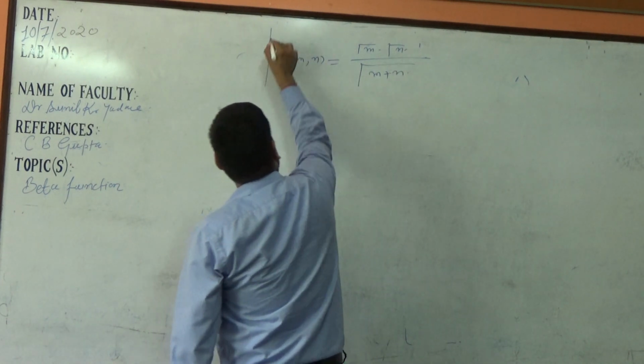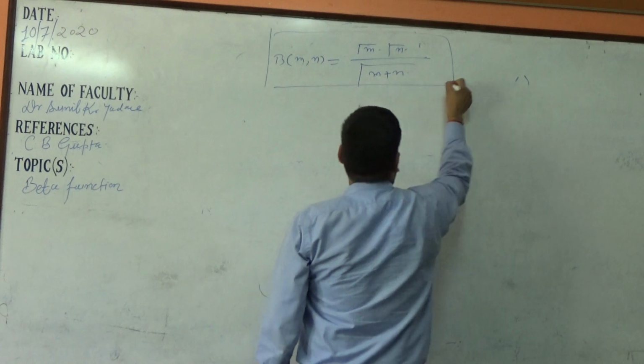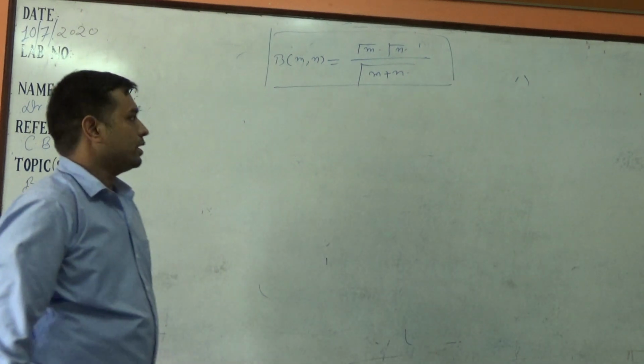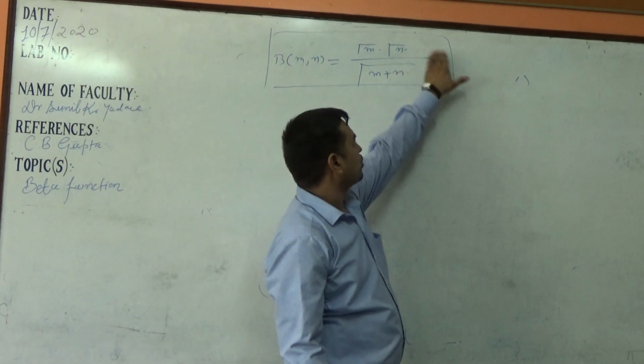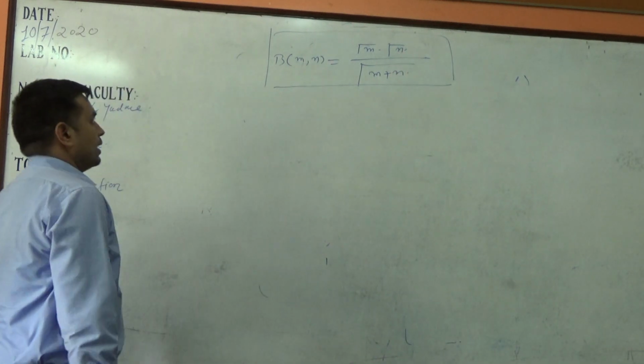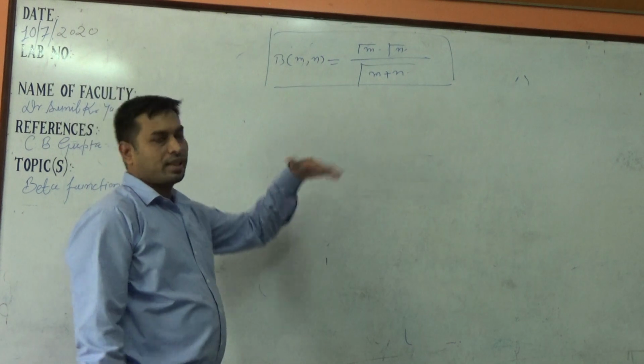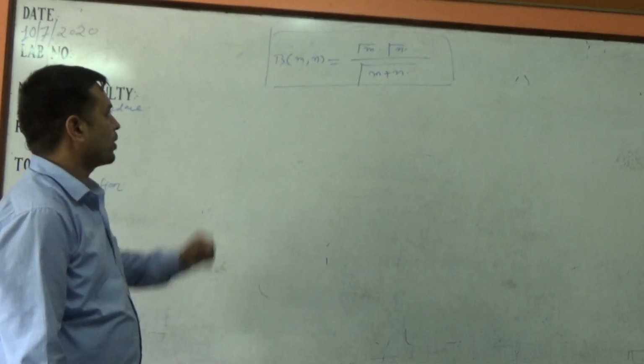This is the most important relation between beta and gamma function. There are so many questions that can be asked in the examination on this property.